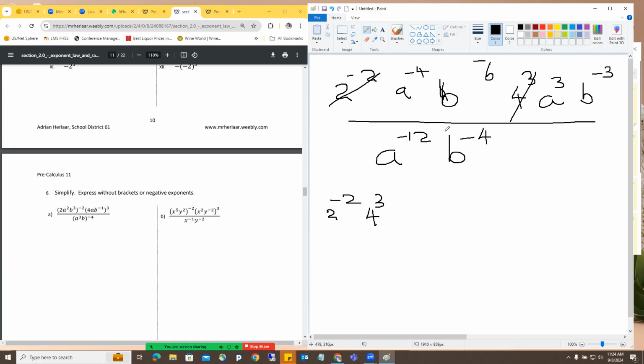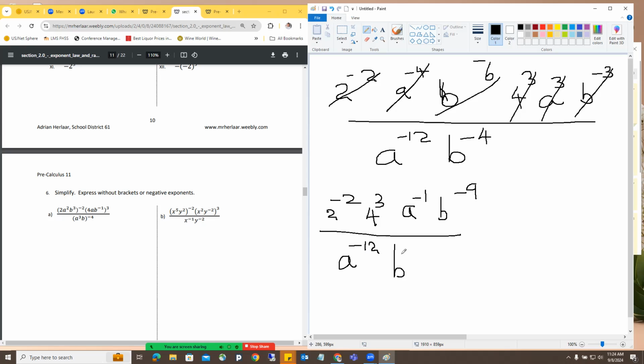These two we can cut off. A to the power of -4 and 3 gives -1, b to the power of -6 and -3 gives -9, divided by a to the power of -12, b to the power of -4. Then 2 to the power of -2 means 1/4.